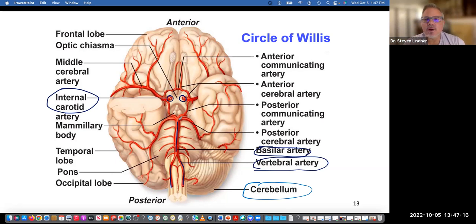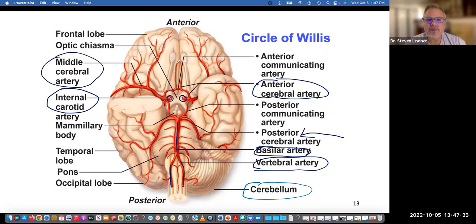So we're going to have an anterior cerebral artery, a posterior cerebral artery, and we're going to have a middle cerebral artery.